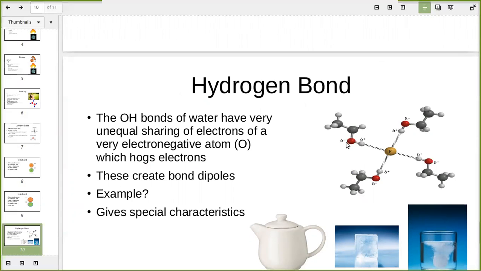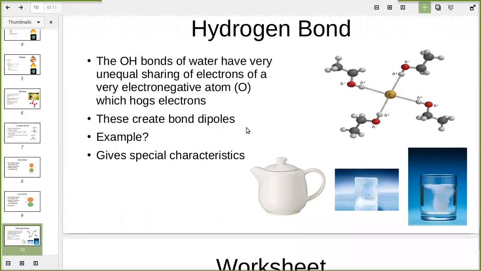So this atom pulls the electrons away, giving it a negative charge, and then you have a positive charge at the hydrogen end. So you create what is known as a dipole. And this dipole attracts another electronegative atom. So the way you can find these hydrogen bonds is to look here: you have electronegative, hydrogen, electronegative. That's the sign you can look for.